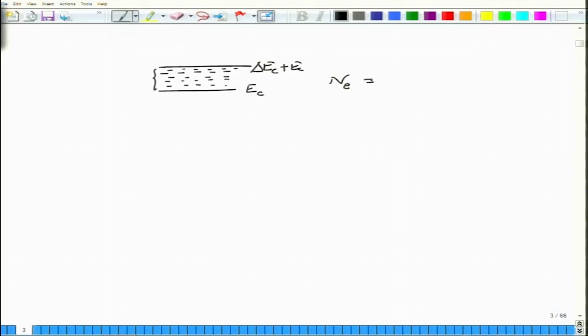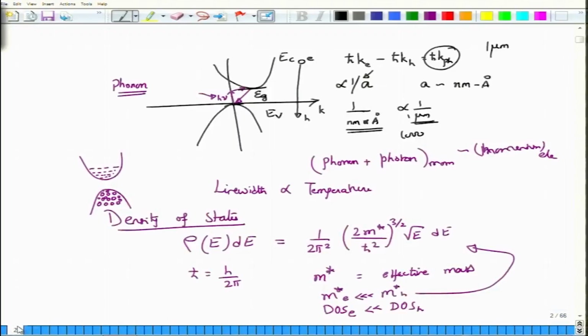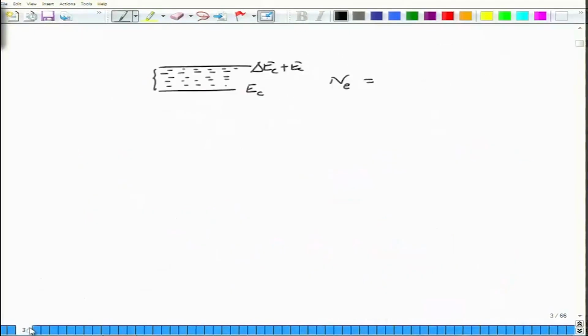You need to go back to this density equation and integrate it over the energy level difference. So you integrate from 0 to delta EC, because that is the range of energy you are going to fill, rho of E dE, and this will be equal to the number of carriers that are available. This is a fairly simple integral, so I will leave that calculation to you.